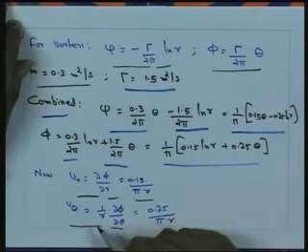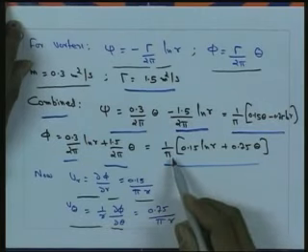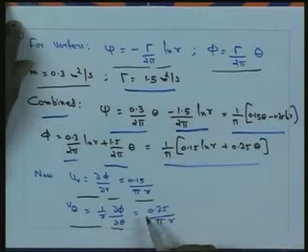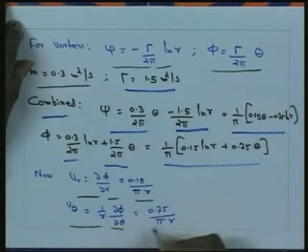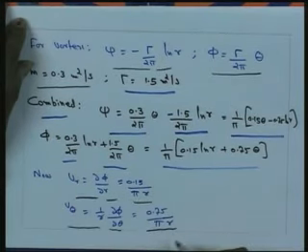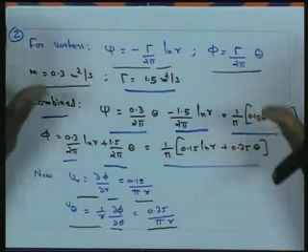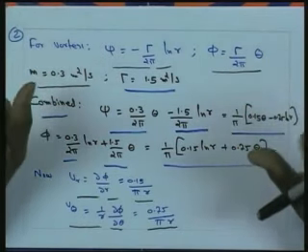If you differentiate this function for phi, we get V theta is equal to 0.75 by pi r. So this gives the expression for the tangential velocity. Thus we got the expressions for the radial velocity and the tangential velocity.